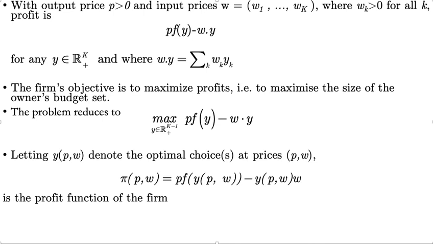Now, recall, if we talk about consumer theory, the consumer wants to maximize his own satisfaction by consuming goods and services. We change the story here to the firm. The firm wants to maximize profit by utilizing inputs in its production technology to produce output and then sell it in the market.